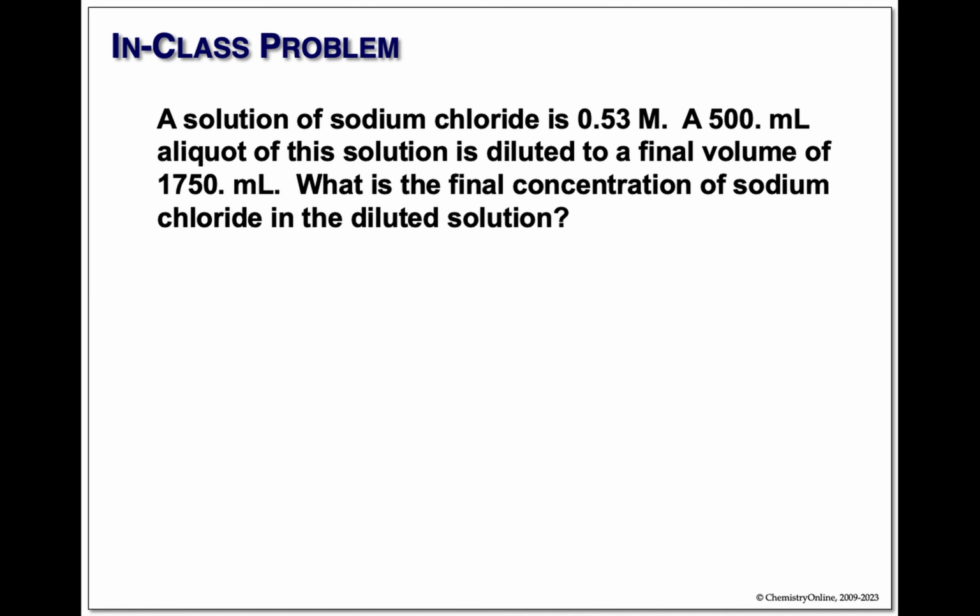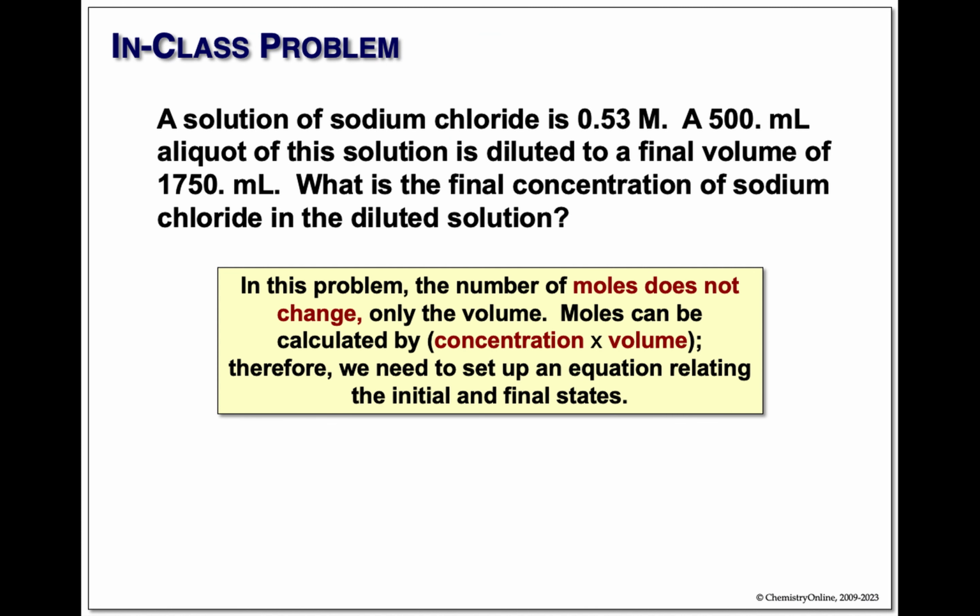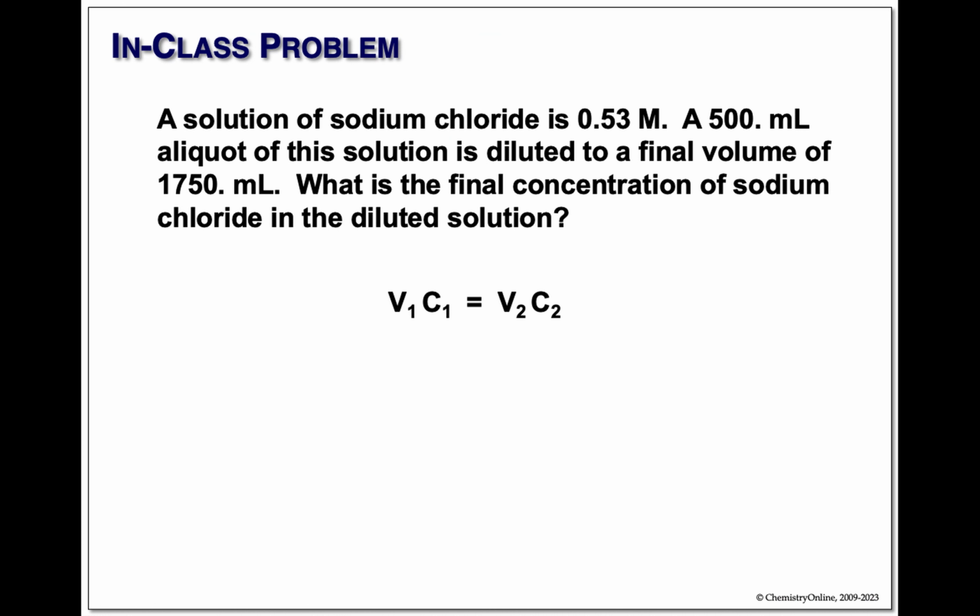We have sodium chloride, 0.53 moles per liter. We have 500 mils of this solution. We add water till we get 1750 mils. What's our final concentration? So we're looking at concentration times volume initially, concentration times volume in the final state. We're looking for the final concentration, that's C2. Simply take this, rearrange it.